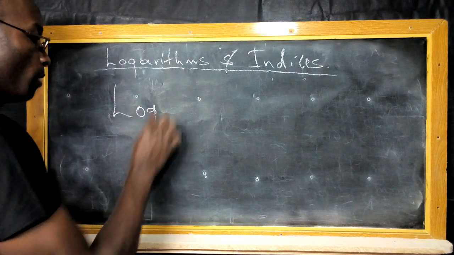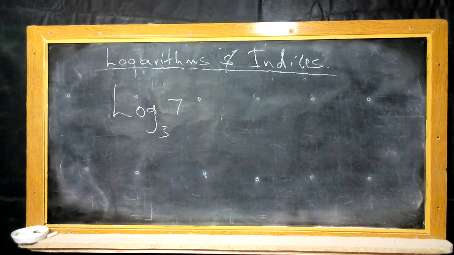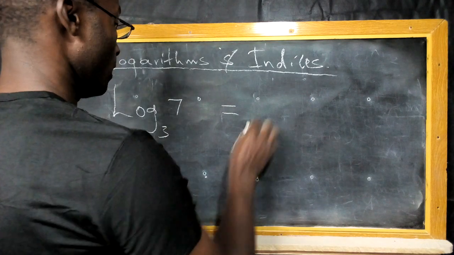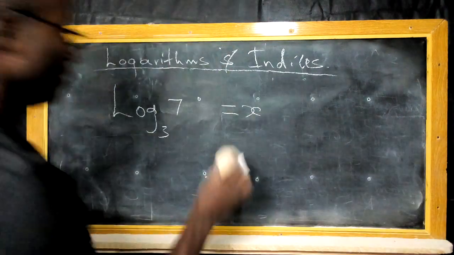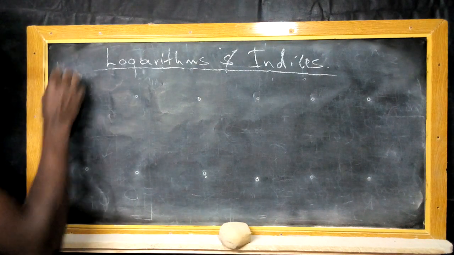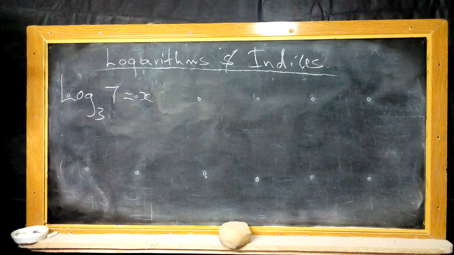Suppose you are asked to find log to base 3 of 7, and we can calculate this and say that the answer will be x. It's an unknown answer. So log to base 3 of 7 is equal to x.